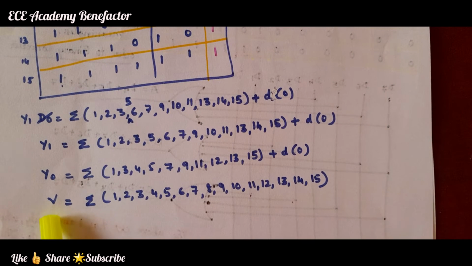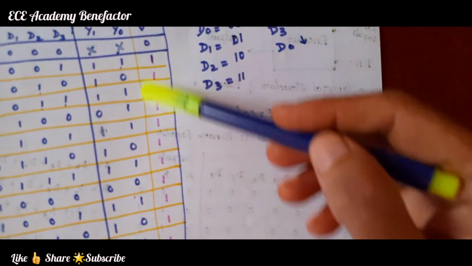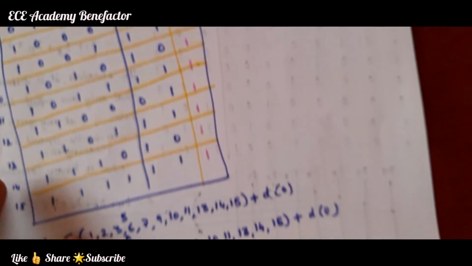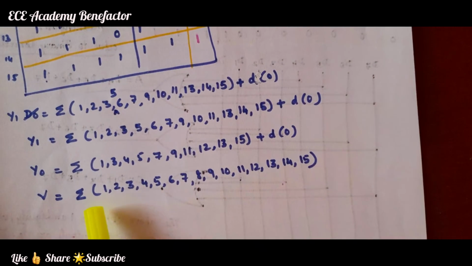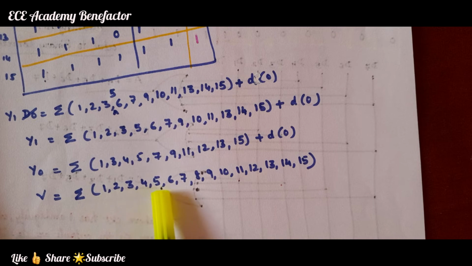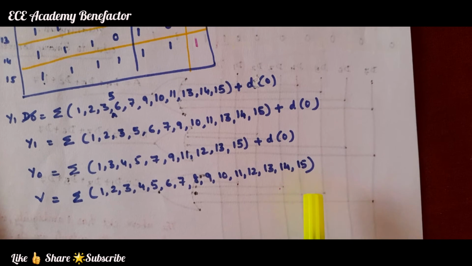And the third output variable is V. If you see this valid output, all are set to 1 except at 0. So for valid output, all the numbers are written except 0: 1, 2, 3, 4, 5, 6, 7, 8, 9, 10, 11, 12, 13, 14, 15.